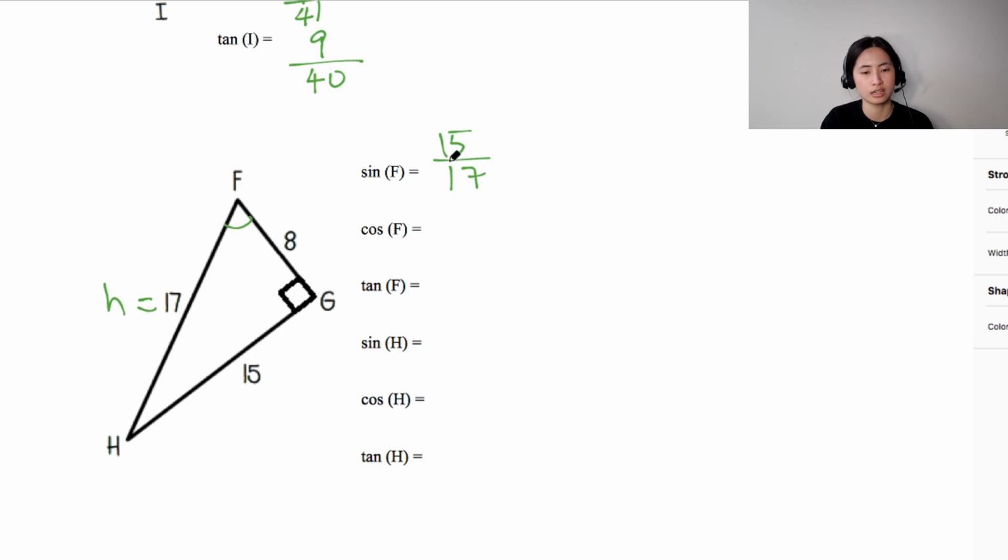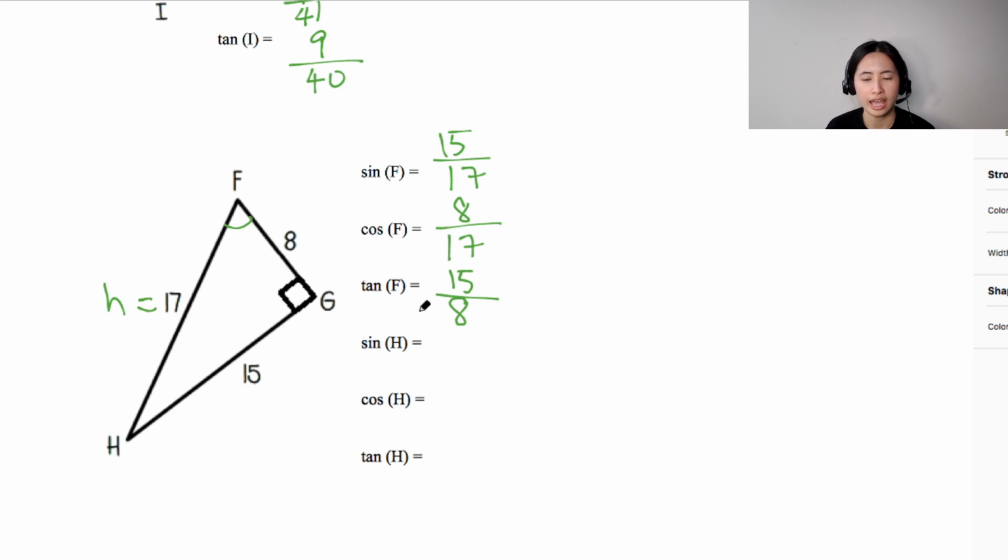So 15 over 17. Then for cosine, it's just going to be 8 adjacent over hypotenuse, which is 17. Tangent f is going to be opposite, which is 15, over adjacent, which is 8. Okay, great. You can't really simplify any of the three fractions, so we're just going to keep them as these fractions.